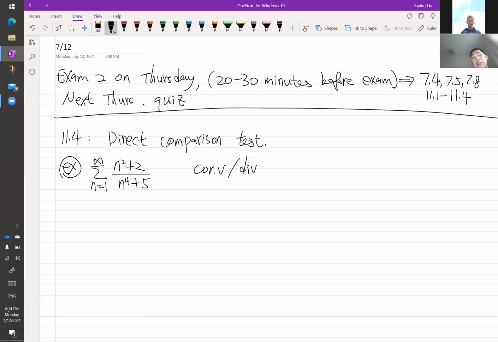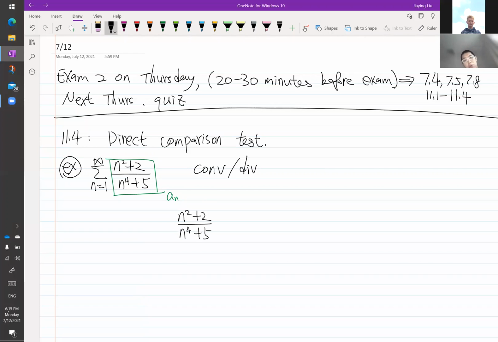If you remember, the comparison test is that we take the series we have, and then we try to find another series that's either going to be bigger than this or smaller than this, but it's easier to compare. Fundamentally, the basic idea is that we take the formula for the a_n term and find something simpler.